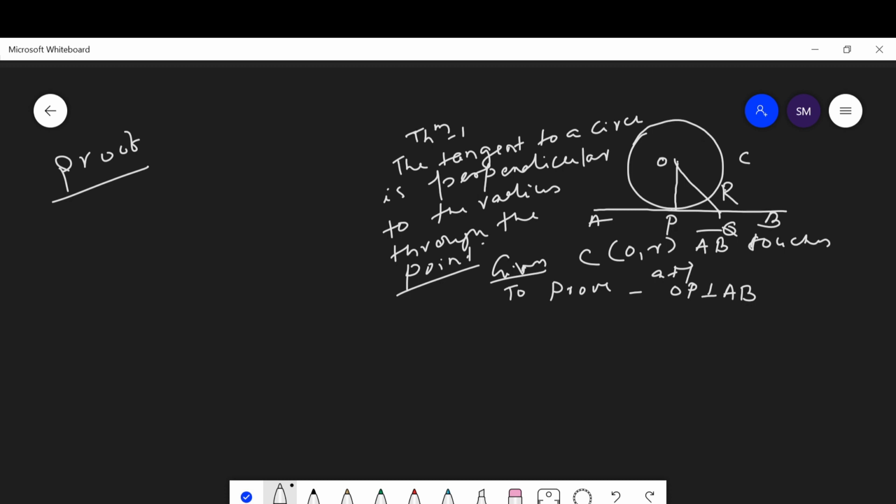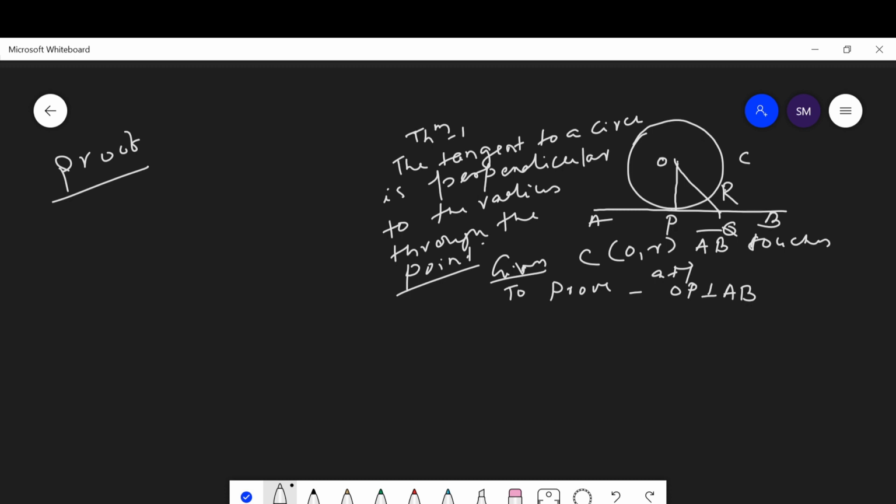From any point to any line, the shortest distance is always perpendicular to that line. Here O is the center of the circle and AB is the tangent, the shortest one is perpendicular to AB.